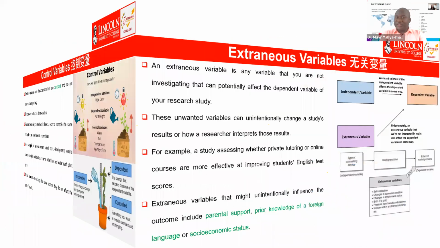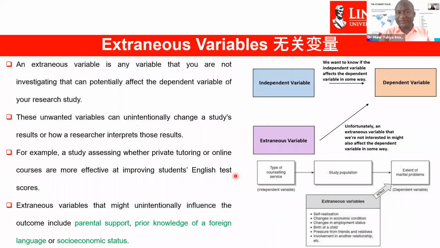Then we have extraneous variables. An extraneous variable is any variable that you are not investigating that can potentially affect the dependent variable of your research study. These unwanted variables can unintentionally change a study's results or how a researcher interprets those results. For example, a study assessing whether private tutoring or online courses are more effective at improving students' English test scores.